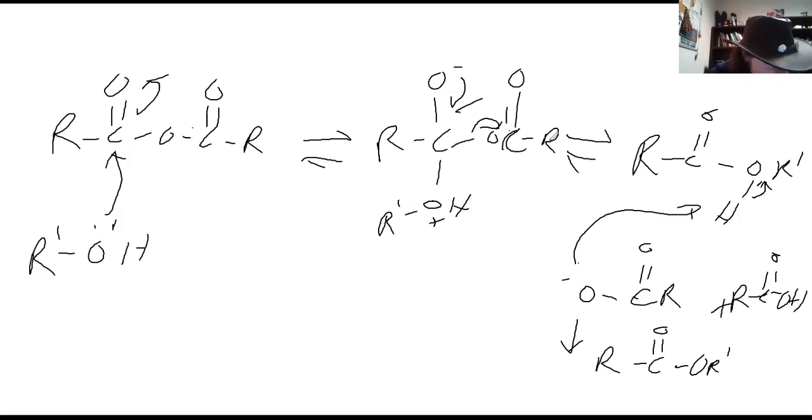What about esters? They are even less reactive than amides, than anhydrides, but they can still undergo ammonolysis. So ammonia and primary amines react okay. Secondary amines react a lot more slowly, and obviously tertiary amines are not going to really react at all.